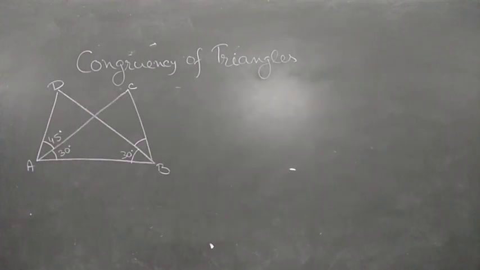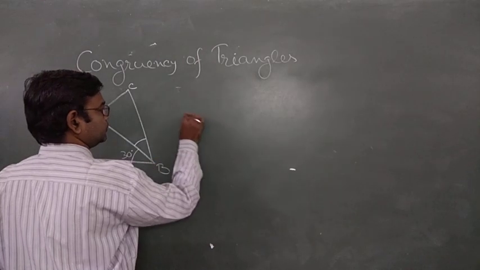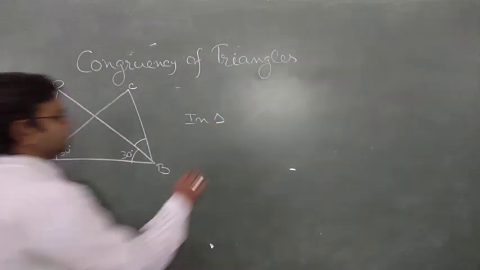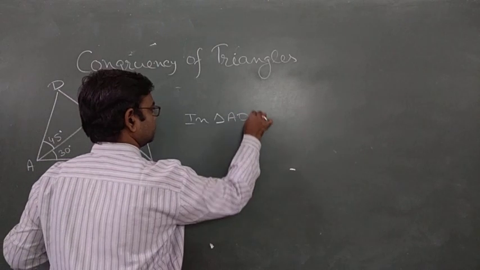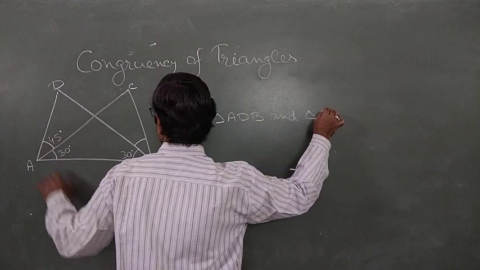As you are observing on the left hand side of the screen, there is a complex figure, and in the question it is given that we have to use the angle side angle property for proof of congruency. How do we use it? So let's start, but be careful what I am using. We first take, I hope you are able to see, triangle ADB and triangle ACB.